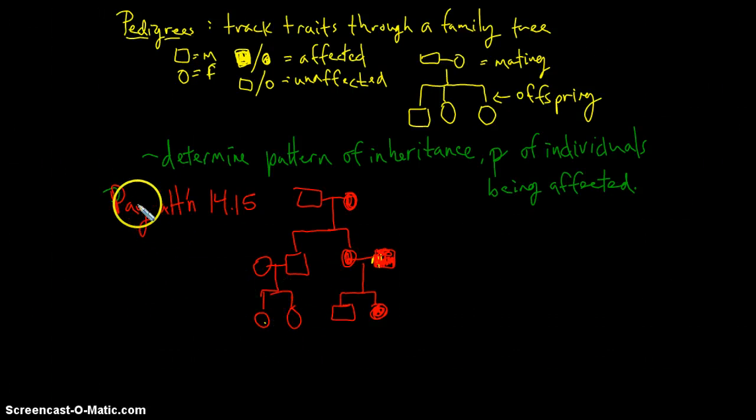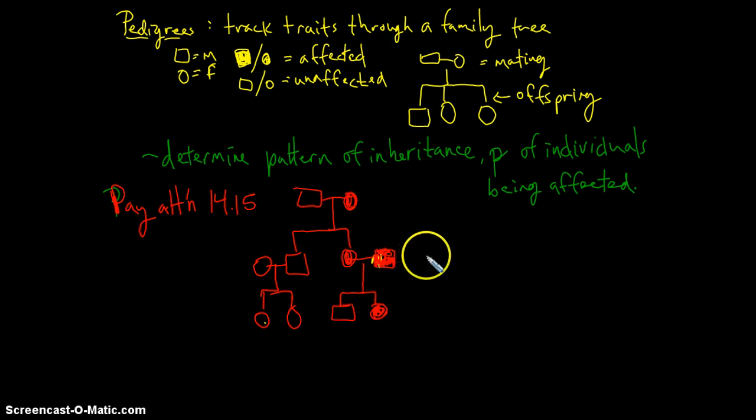Now, I would suggest paying particular attention to figure 14.15 in your text. Now, here we see a particular pedigree. Again, to practice, what you'll be asked to do is figure out, is this dominant or recessive?